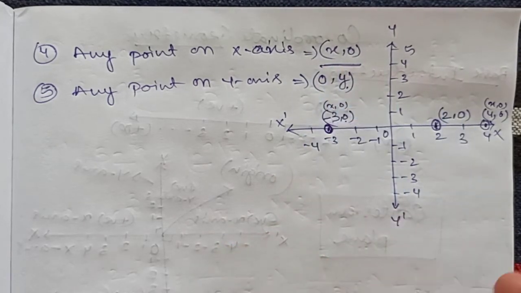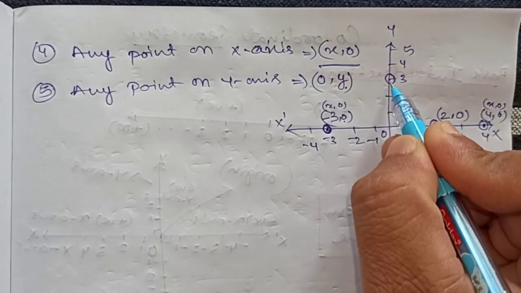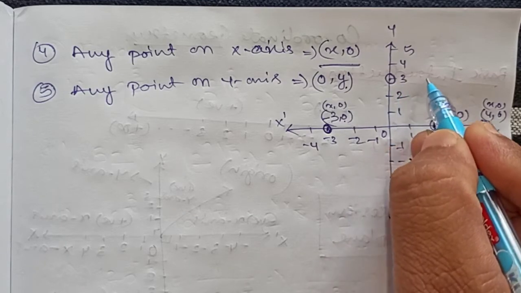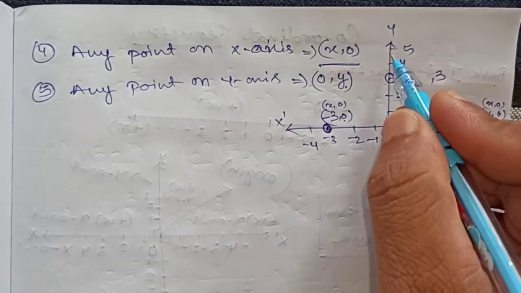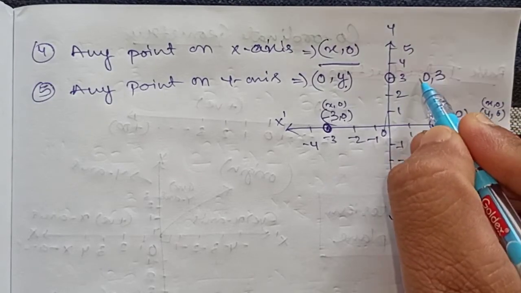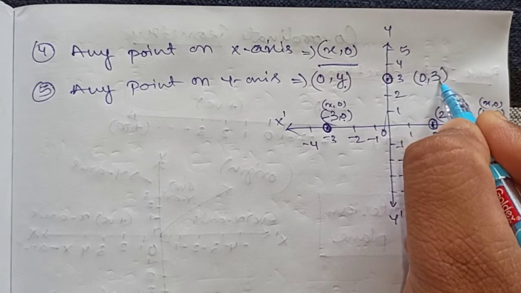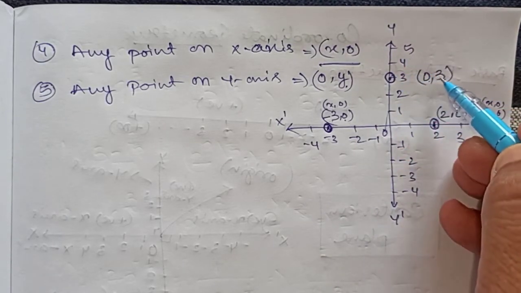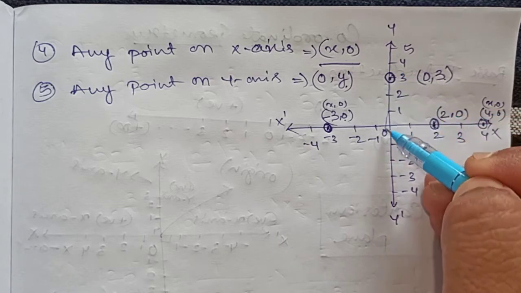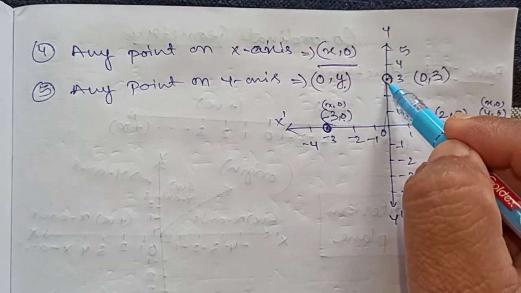Similarly, 0, y. Suppose I mark this point. Up to this, the y ordinate is 3, but there is no point of x on the y axis. So the x point we will take as 0. So this coordinate is 0, 3, because there is no point of x on the y axis, but 3 is for y, 3 is the distance from the origin up to this.